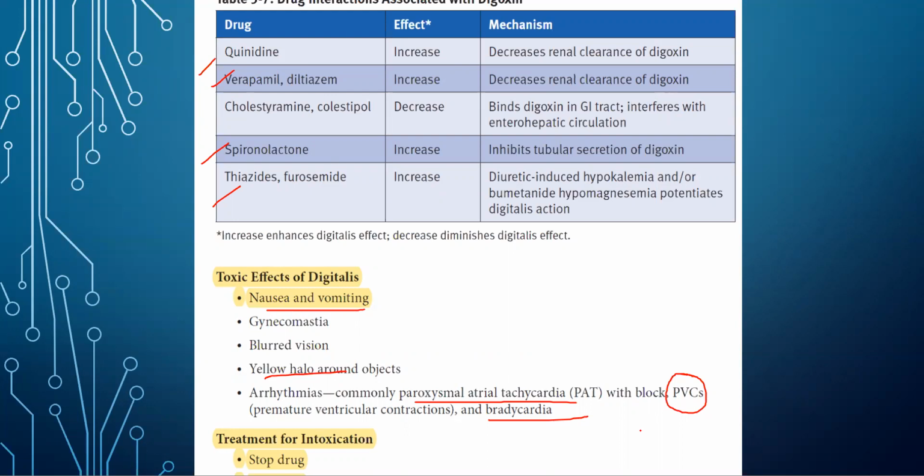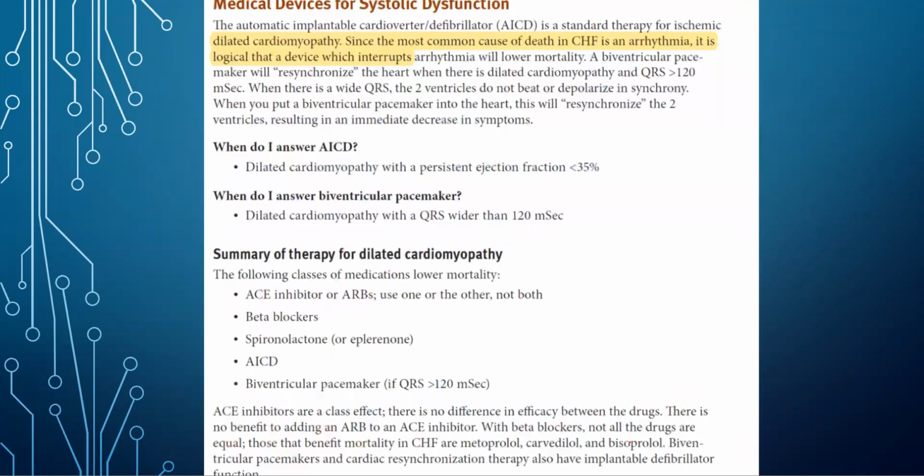And if the patient is having severe symptoms, then you have to give an antagonist. What is the antagonist for digoxin? It is called digibind. So you can give digibind to reduce the effect of digoxin. Clear?